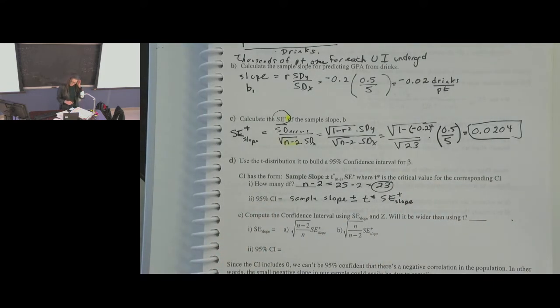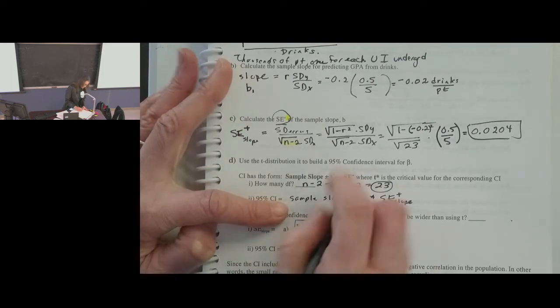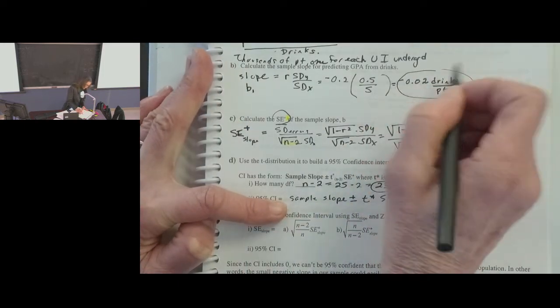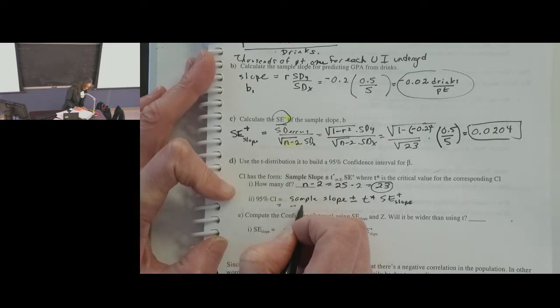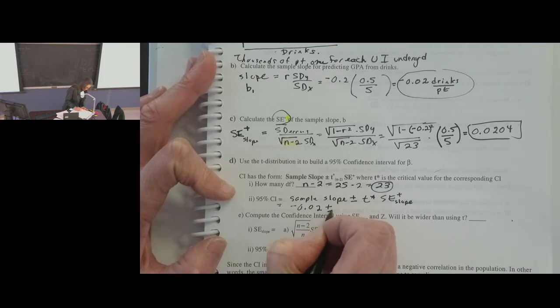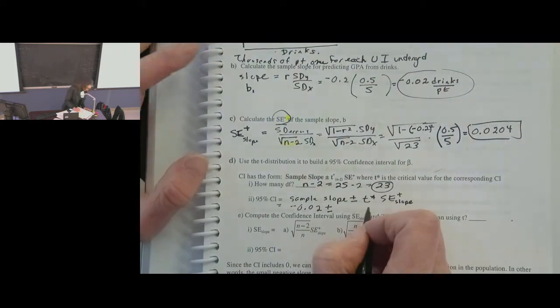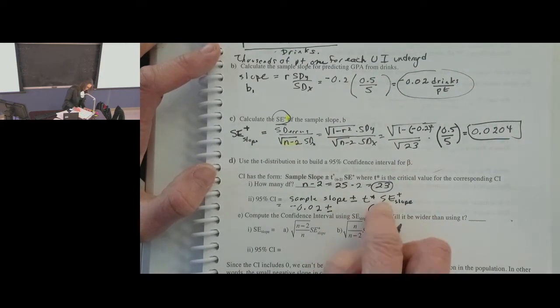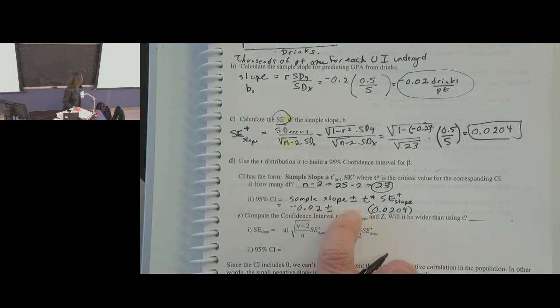The sample slope is right here. Don't get it mixed up with the r. So that's negative 0.02 plus or minus, well, we know this part, the standard error of the slope. We just need to get t star.